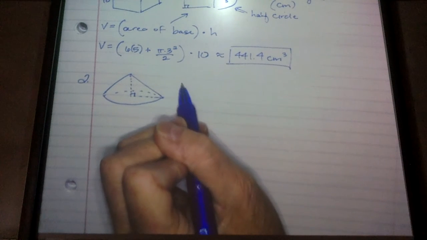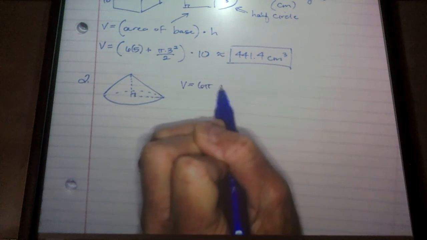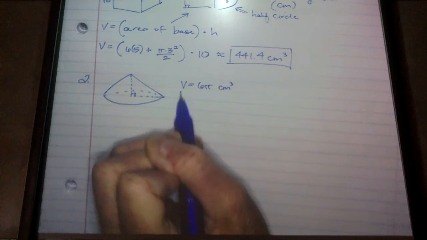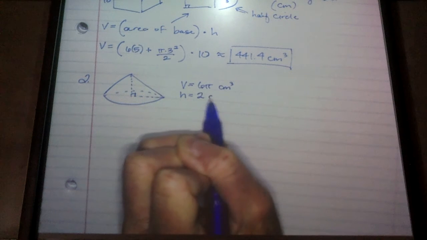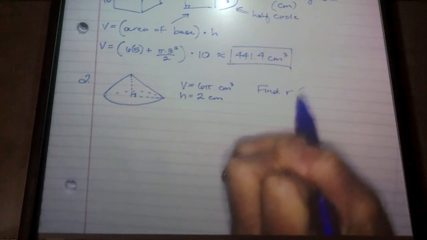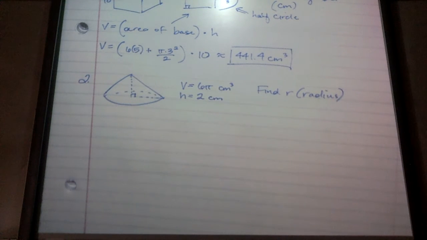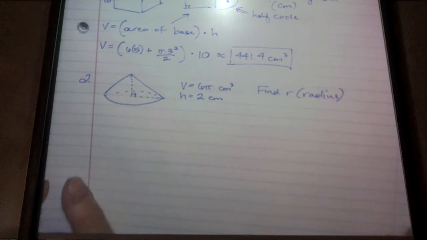So in this problem, they're telling us the volume equals 6 pi centimeters cubed, the height equals 2 centimeters, and they want us to find r, which is the radius, right? Okay, so I'm going to start to fill in what I know.